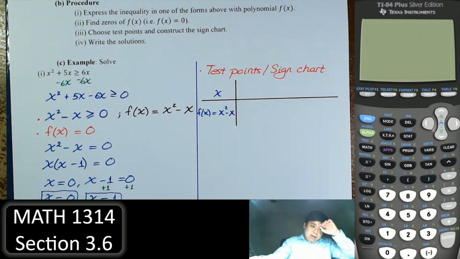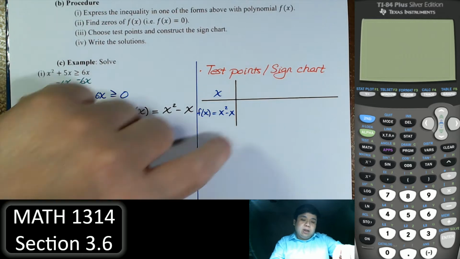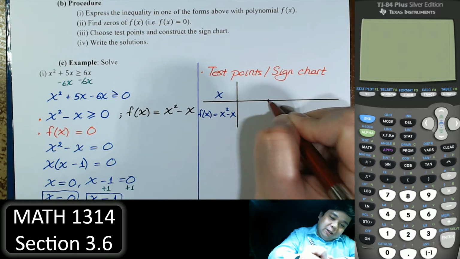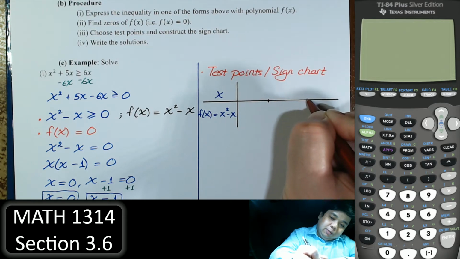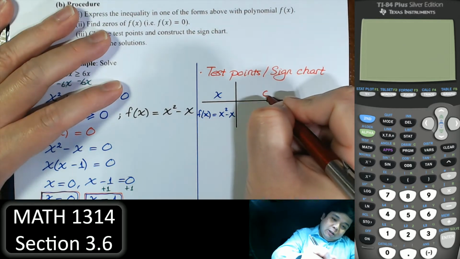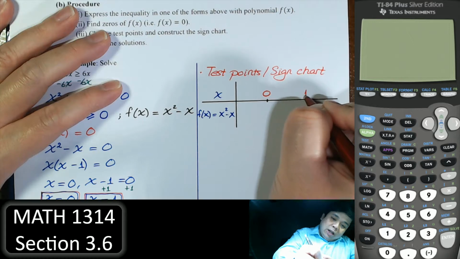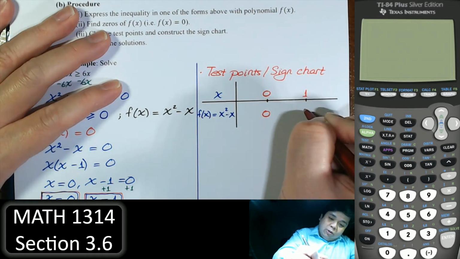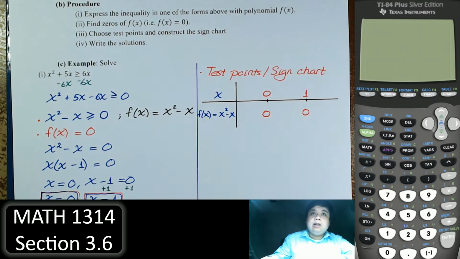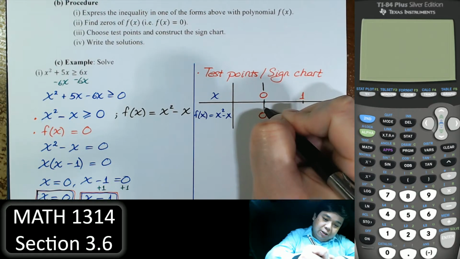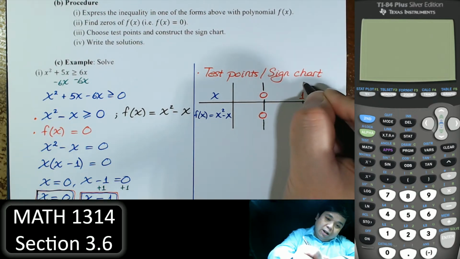Right. And next we put the zeros into the number line. So if x equal to 0 and x equal to 1. When x equal to 0, the function equal to 0. When x equal to 1, the function equal to 0. Right? With that, we can make a table. Divide.